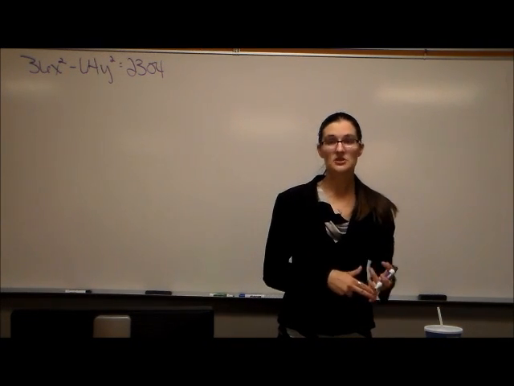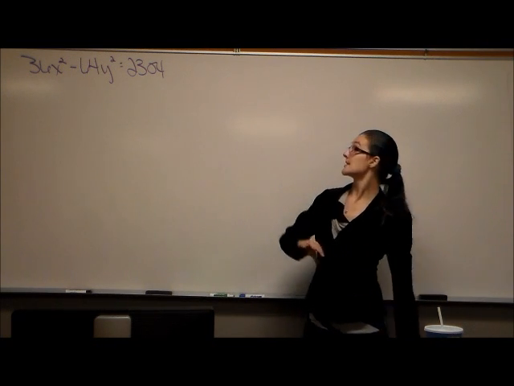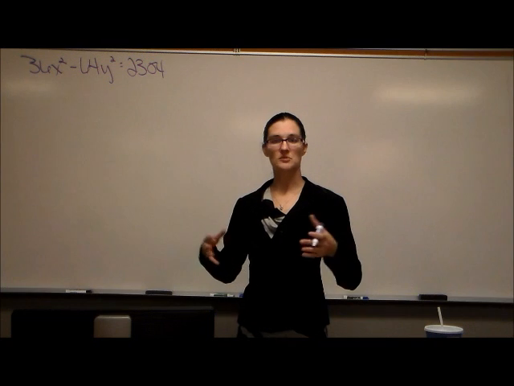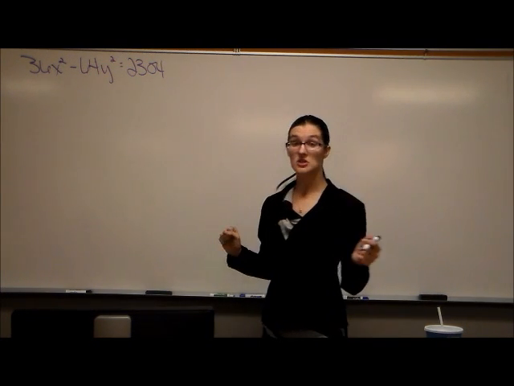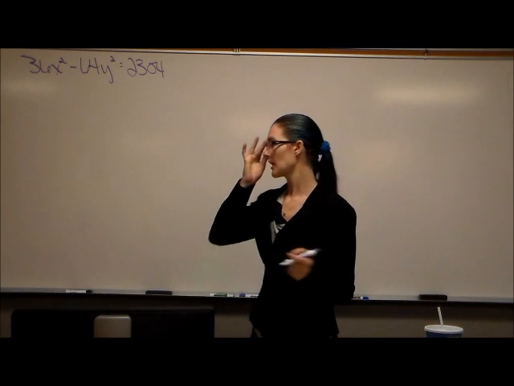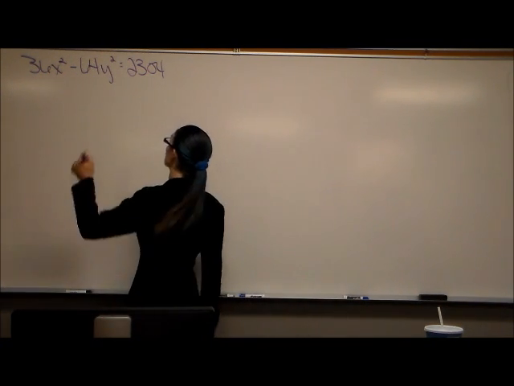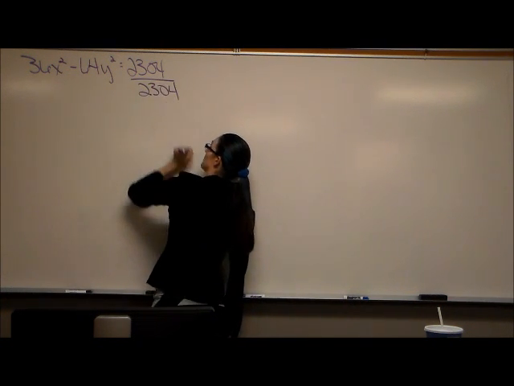Sometimes that involves completing the square, sometimes it only involves making it equal to 1. Since we already have our x squared, y squared, we don't have a bunch of x terms, y terms, and a super long problem, all we have to do is make it equal to 1. You'll see in the next example, we'll have to complete the square. So we need to make it equal to 1, you divide by the number by itself.